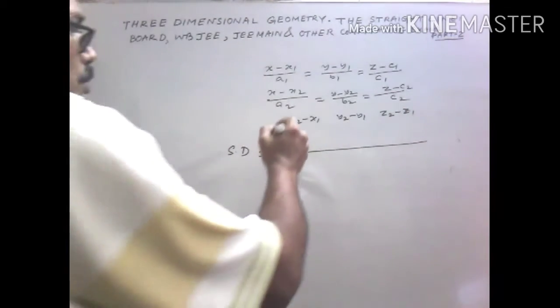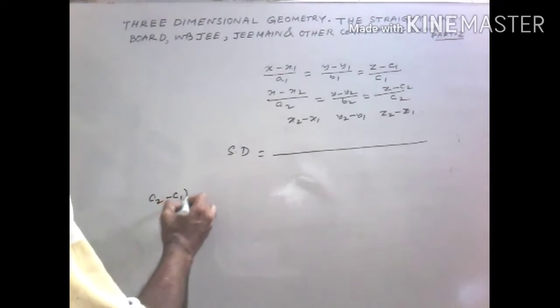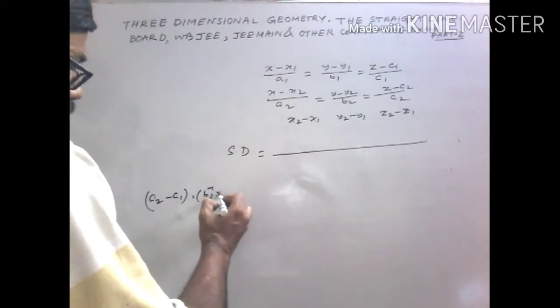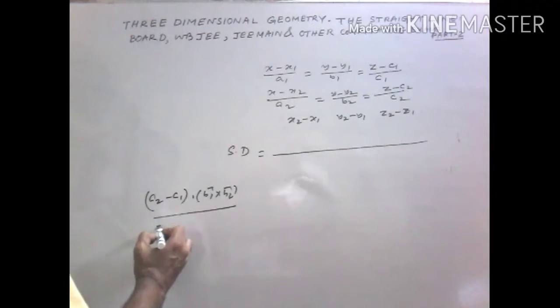Then that is the scalar triple product, (a2 − a1) · (b1 × b2).